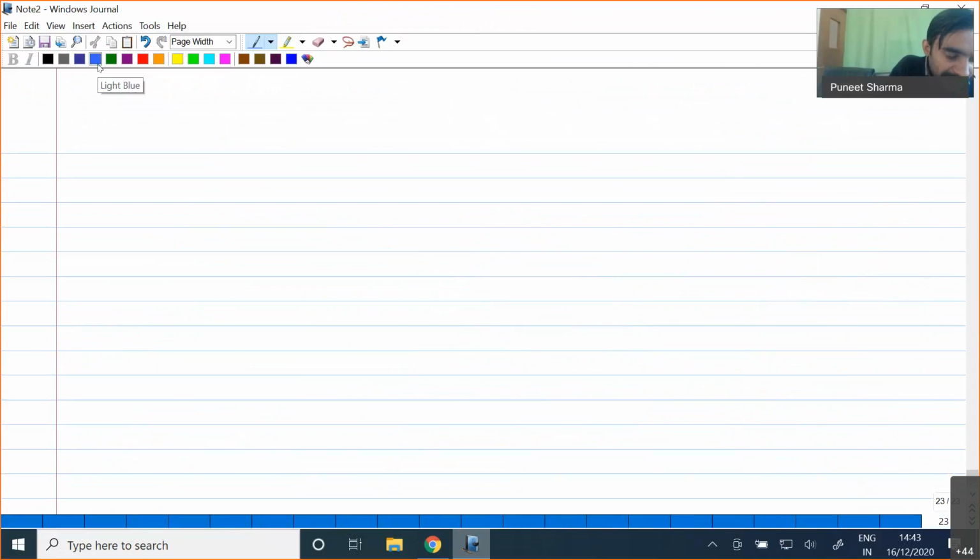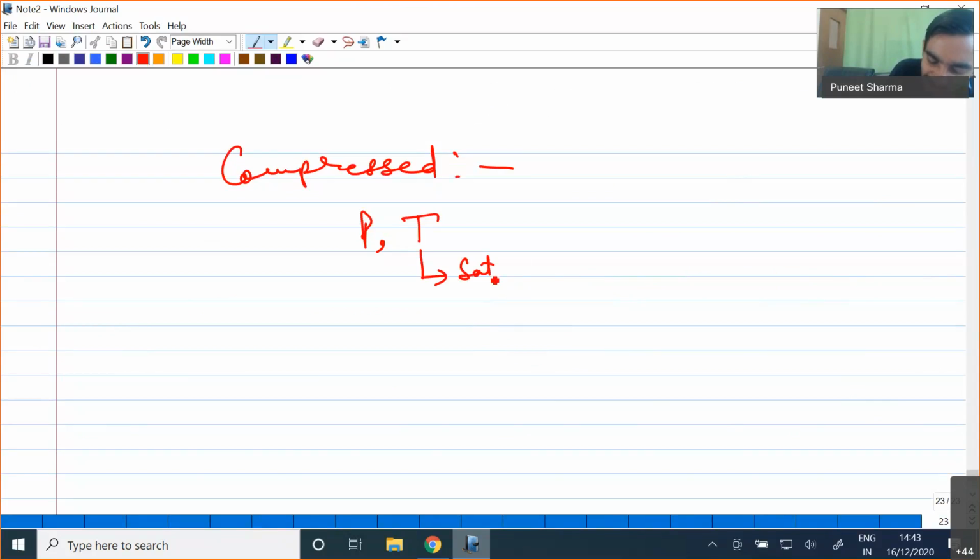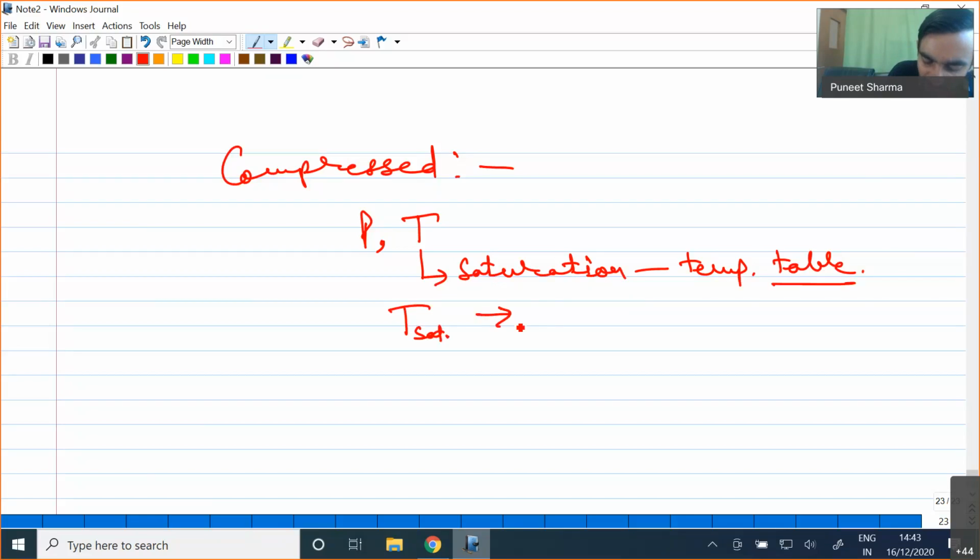The first point you have to remember is that in the compressed state, whatever pressure and temperature are given, ultimately we have to go to the saturation temperature table, and at the given temperature, corresponding to its saturated value, we have to determine the specific volume, the internal energy of liquid, and the entropy of liquid.